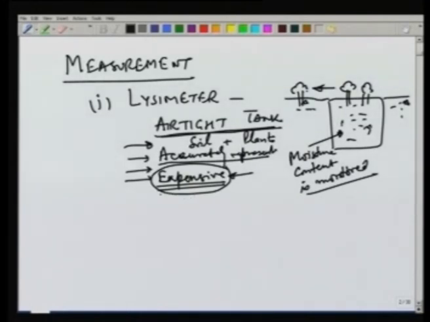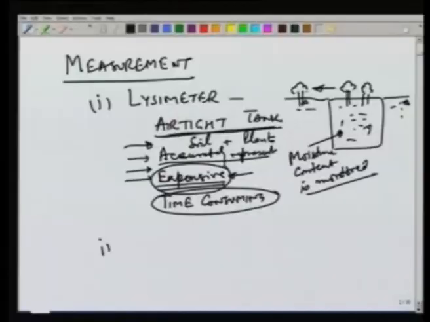It is time consuming of course, because we have to install the lysimeter and keep on measuring the evapotranspiration on a daily basis or monthly basis, whatever time period we are interested in.